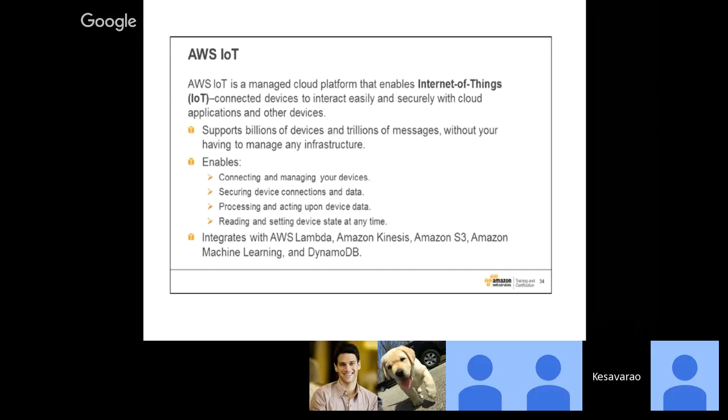So what Amazon did is they extended their cloud infrastructure to support AWS IoT also. So you will be able to connect and manage your devices directly. What it means is, let's say you have a hardware IoT device, like some sensor that produces data.